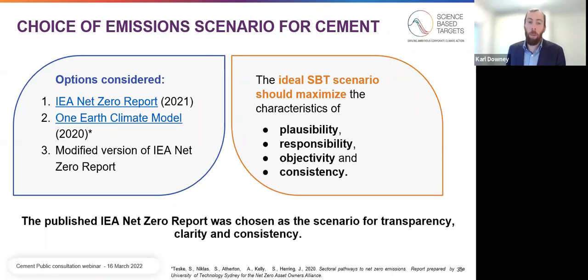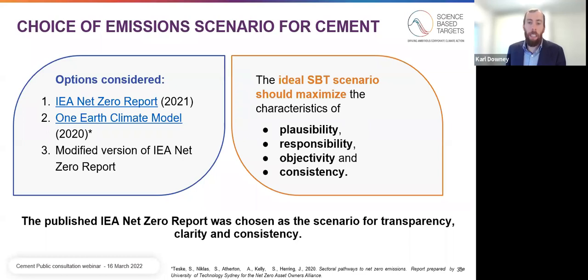The second one is responsibility. It should avoid the risk of the objective not being achieved or reduce that risk. It should be objective, so it shouldn't take the view of just one industry into account, and it should be consistent. So it should be a scenario that's consistent internally and externally across our sector work.